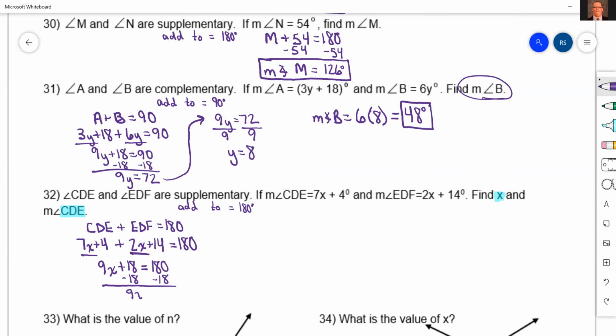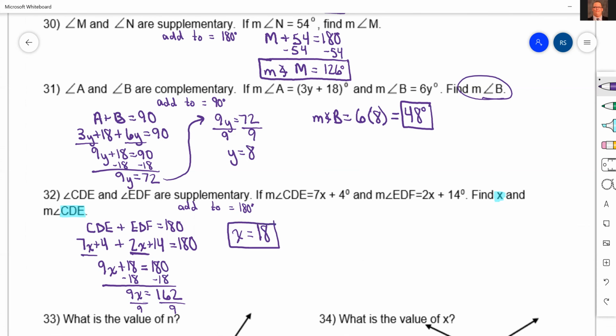You're going to get 9x equals 162 divided by 9. It's going to give you x equals 18. That's one part. It does say find x, so that's one answer.